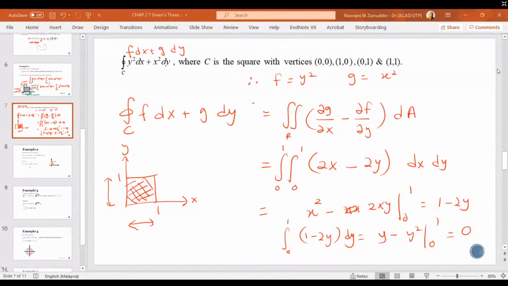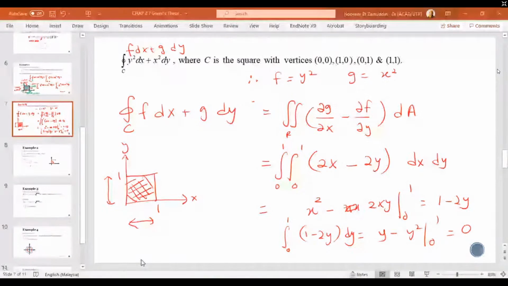So Green's theorem is basically part of line integrals but for a closed curve, closed region, and it should be in the counterclockwise direction. Any questions for Green's? Green's is quite easy, you just substitute into the formula. No questions?